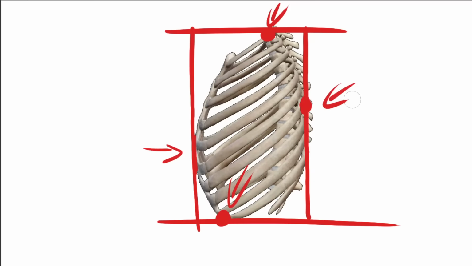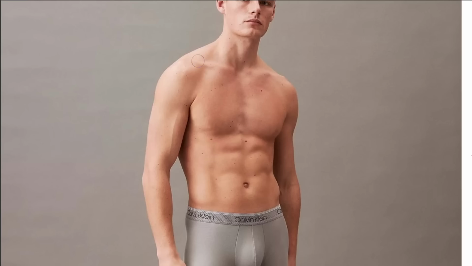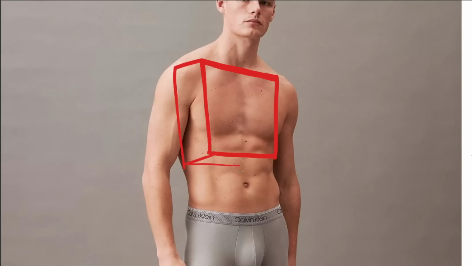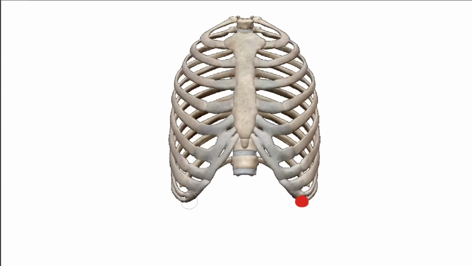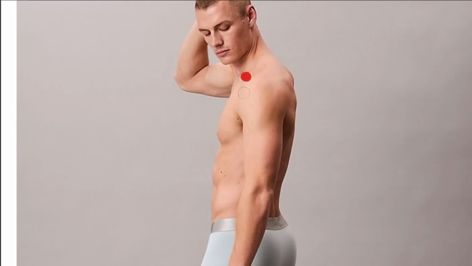So let's say we're trying to do kind of a tracing exercise and we're drawing on top of an image. We can't match the box to the body perfectly because these points don't line up with the edges of a proper box. This is also a pretty common mistake that artists make when they try to draw the body as boxes, because when they're drawing the upper torso box, they try to align the bottom corners of the box to the bottom corners of the 10th rib, or basically the bottom corners of the rib cage, and they try to align the top corners of the box to the collarbones.